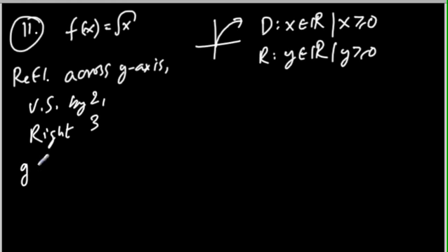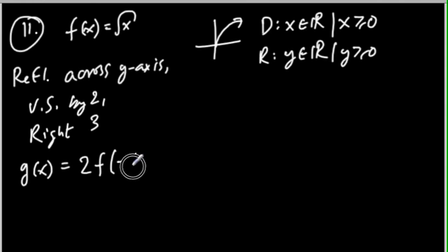So in other words, g of x has to follow these transformations. It's across y, and there's a vertical stretch by 2, so it's going to be 2 f of negative x, because remember, they said reflection across y. Oops, sorry, not correct there. And it says right by 3.